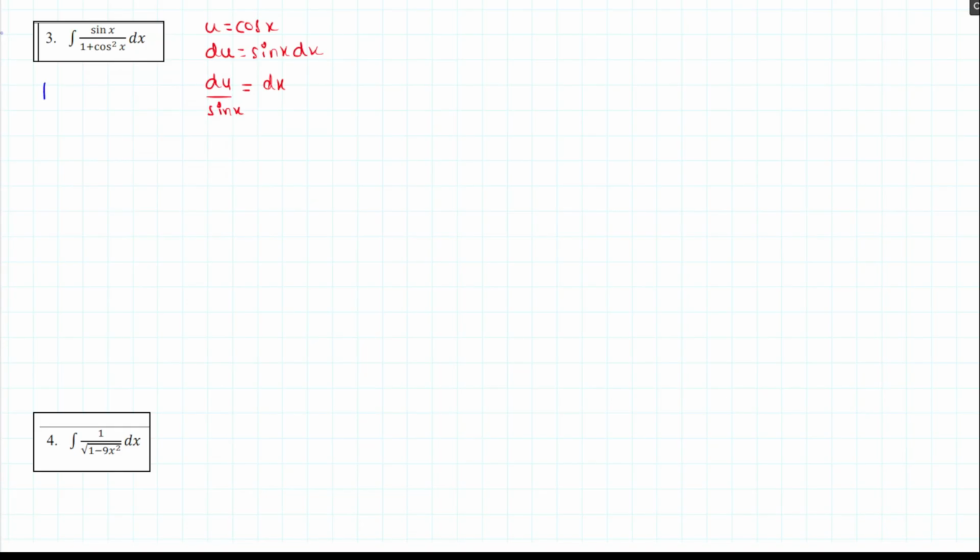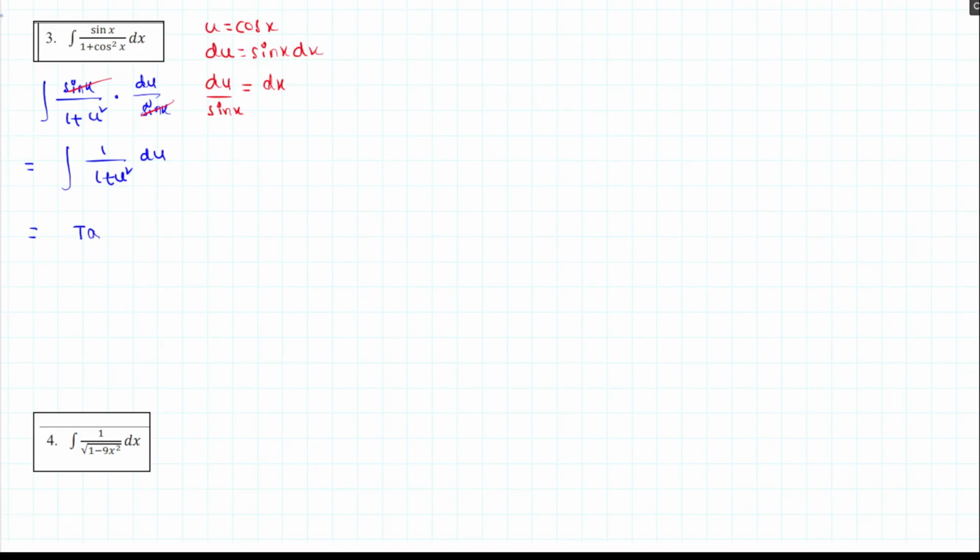This becomes integral, so sin x over 1 plus cos x is u square, and dx equal to du over sin x, and sin x gets cancelled. This is equal to integral 1 over 1 plus u square du, and you can see this is an inverse tangent of u.